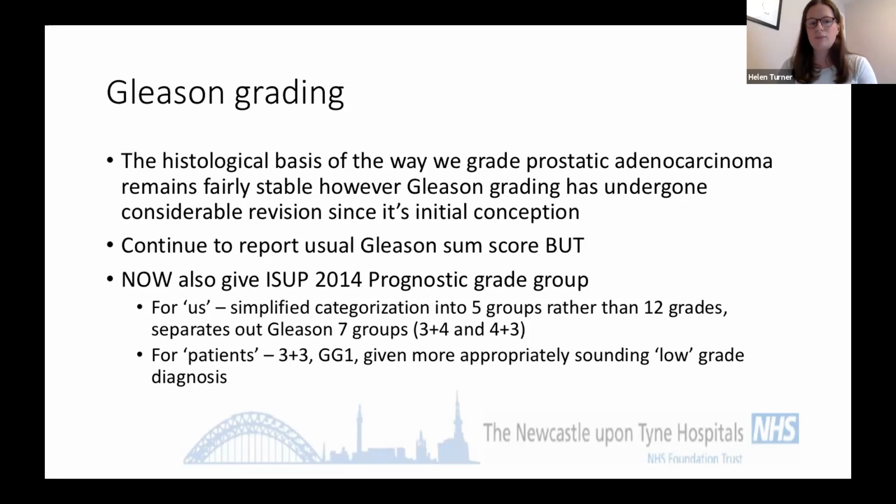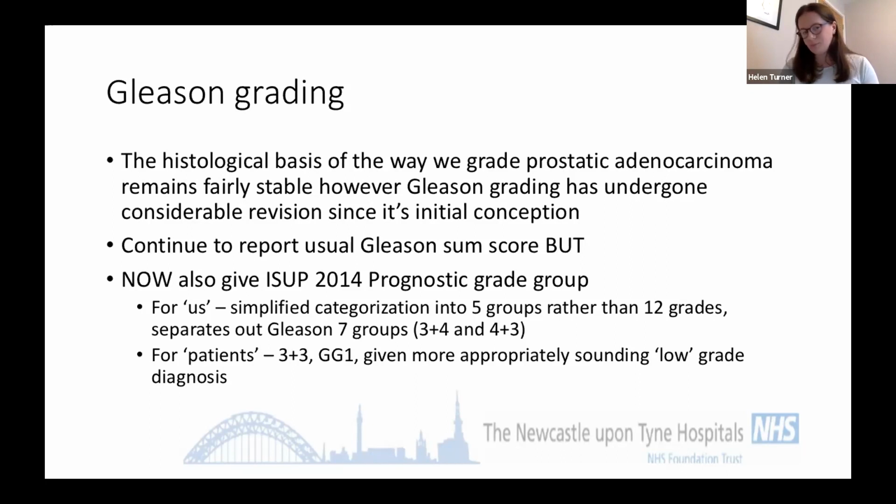And then perhaps more importantly, in 2014, there was the introduction of the prognostic grade groups. And this is another important point. The grade groups were introduced for a variety of reasons. The main reasons were for clinicians, and that was to simplify the risk stratification and the categorization into 5 groups rather than the traditional 12 different groups that the sum scores would produce.